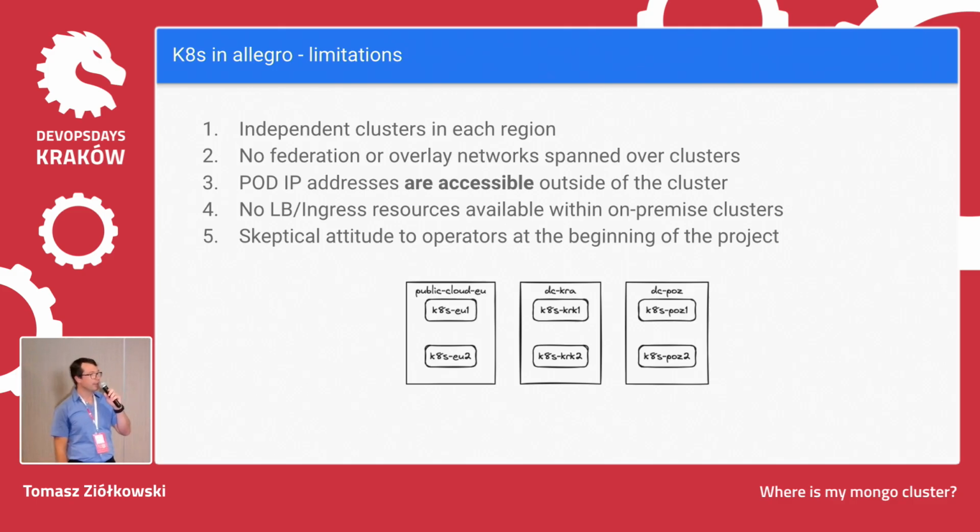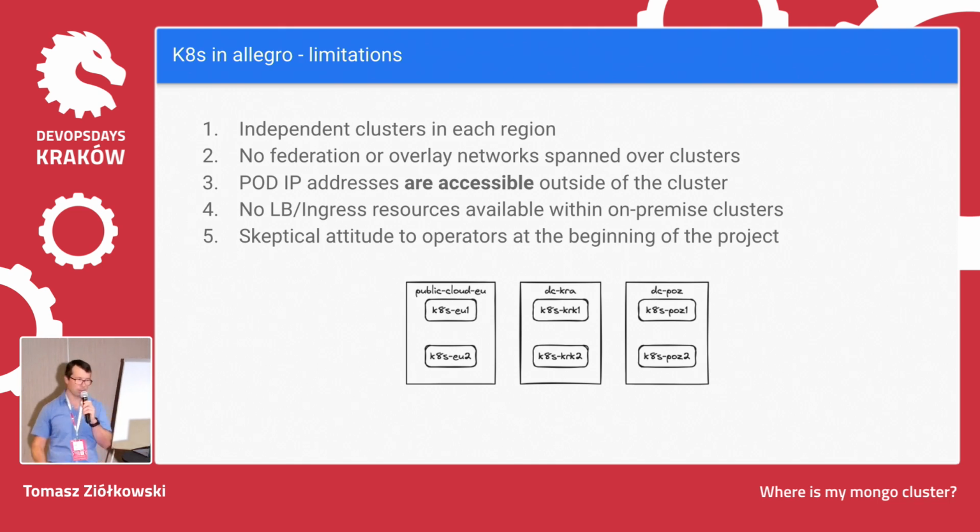We have independent clusters without any federation, without any overlay network which spans the clusters. We also have pod IP addresses that are routable outside of the cluster, so you are able to connect to a pod directly using its IP. And we don't have load balancer and ingress resources available in our on-premise cluster.